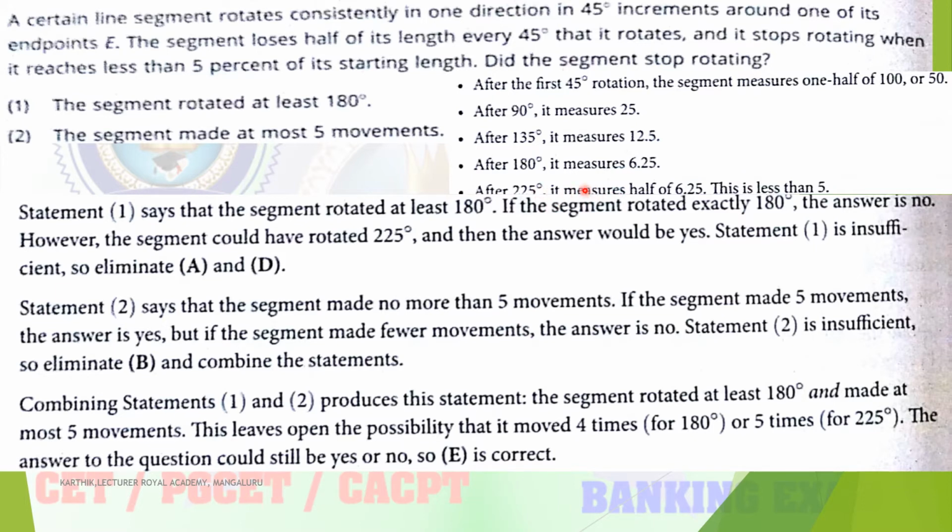But at most 5 means fewer is also possible. The fourth one is more than 5%, the fifth one is less than 5%. So from the second statement you can't conclude, the answer is either less than or more than 5%. So here also insufficient.